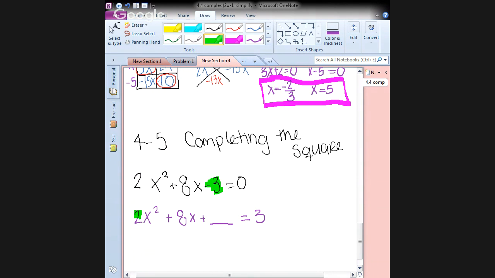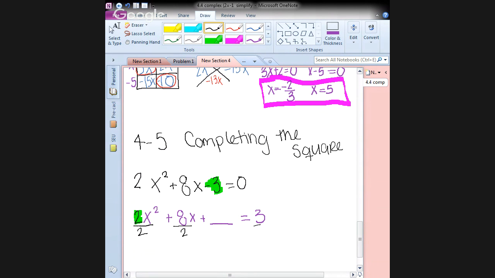Now I could jump straight into completing the square, but we have another problem. We have this 2, and when we're completing the square, there should be no number in front of x squared. So we're going to get rid of that 2 by dividing everybody by 2, to keep the equation balanced.